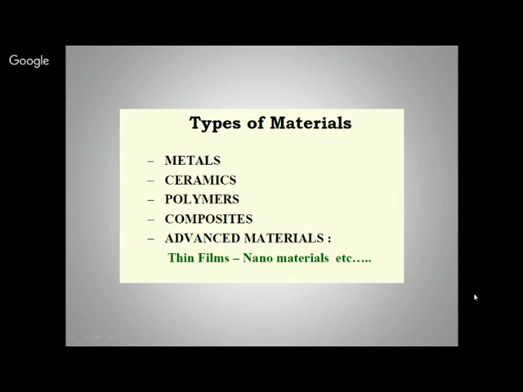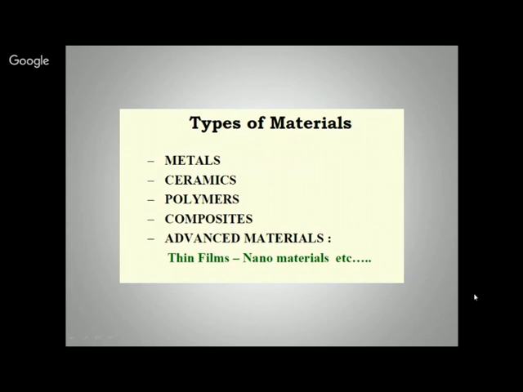Before going into the materials, I want to tell you the important property, that is the structure, because each and everything is made up of atoms, and further the atom is made up of a nucleus. That nucleus is made up of protons and neutrons, and the electrons are moving in some particular orbitals surrounding the nucleus.